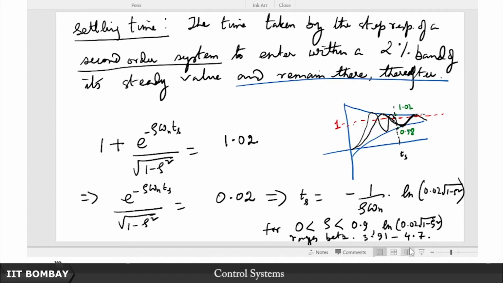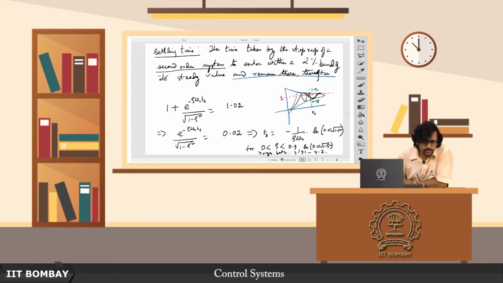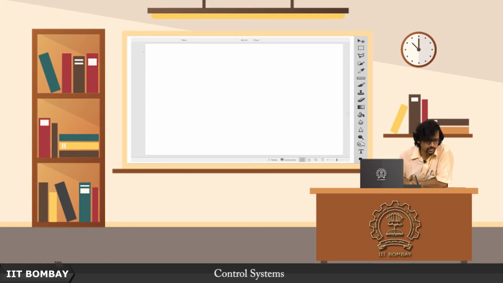So in other words, this logarithm is not very sensitive to changes in the value of zeta over this entire range of zeta varying from 0 to 0.9, which mostly covers the entire range of underdamped responses. Okay. So therefore, for the sake of simplicity and because we do not want to remember too many different values, people generally settle for a settling time of 4 by zeta omega n.